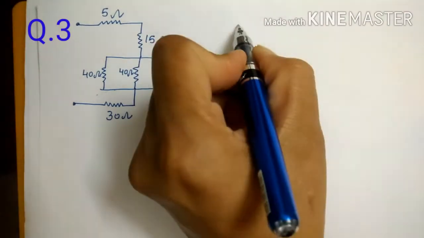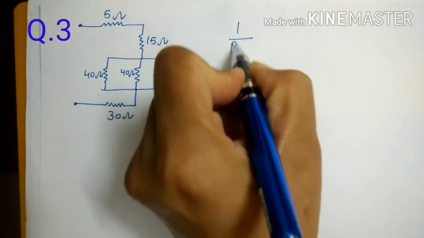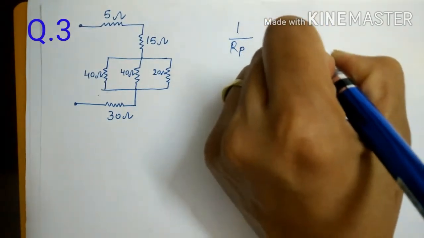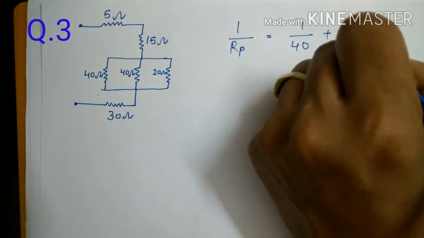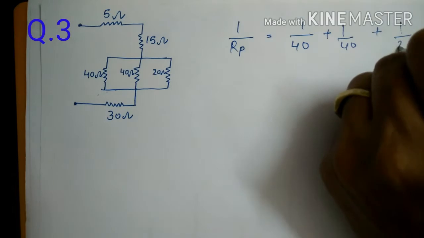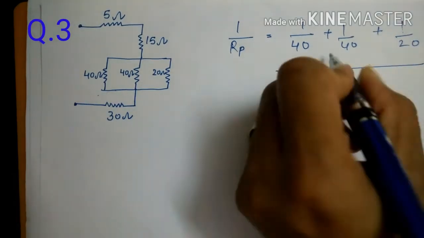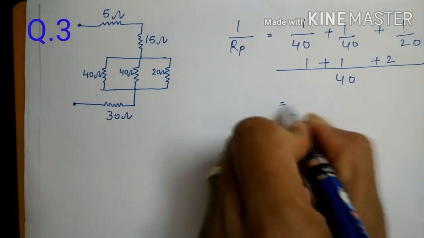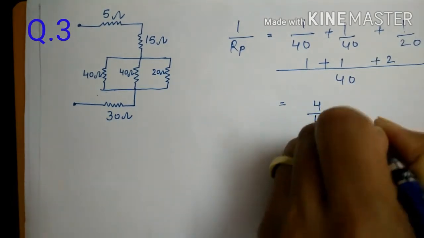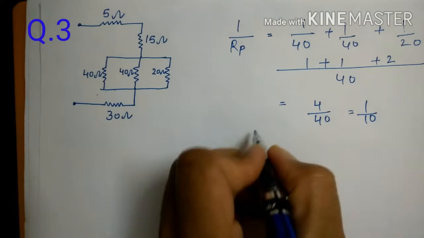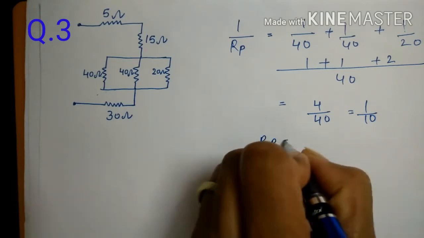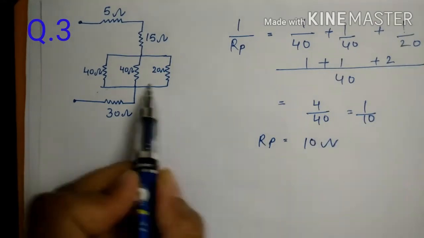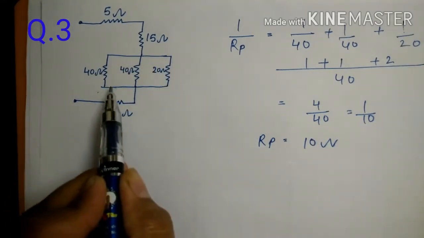Write here for parallel: 1 upon 40 plus 1 upon 40 plus 1 upon 20. Take the LCM. So R parallel will be 10 ohm.